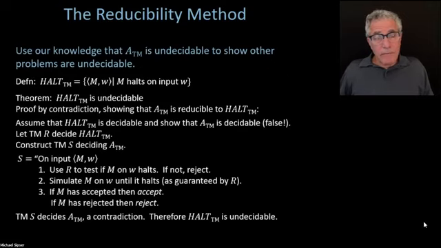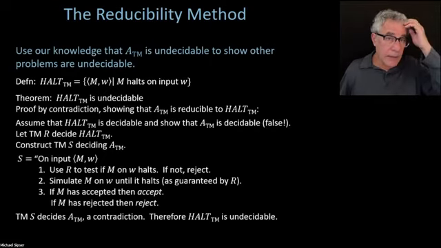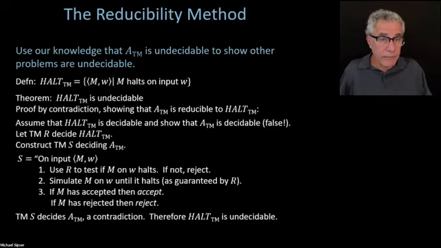Since we have a recognizer for ATM, if I'm doing justice to this question, why can't we just invert the answer? Flip the answer around, and now we have a recognizer for the complement of ATM. So why doesn't that work?